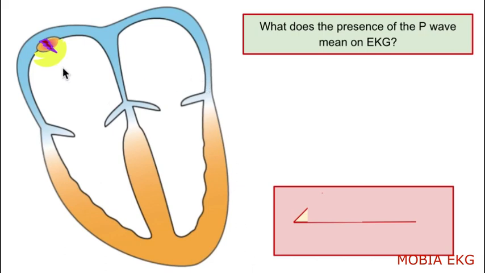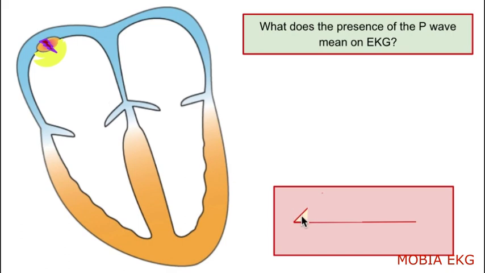In normal conditions, the SA node generates an electrical signal transmitted to the right atrium, starting depolarization of the right atrium immediately through the internodal pathway and cell-to-cell direction, which are not shown in this picture.